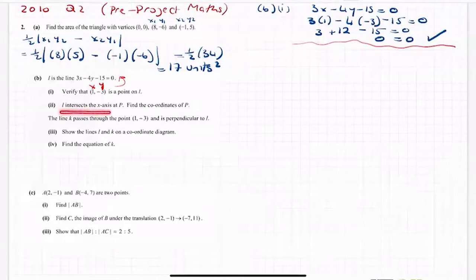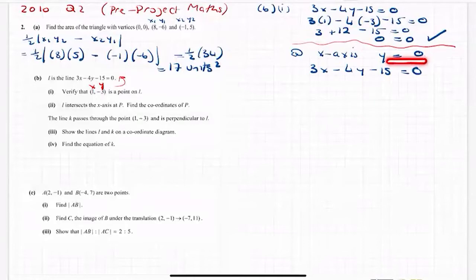L intersects the x-axis at P. Okay, so we've done a few of these in other videos. So we write down at the x-axis, my y coordinate is always 0. Okay, so I again take the equation of that line and I sub in the y coordinate being 0 and I solve it for x.